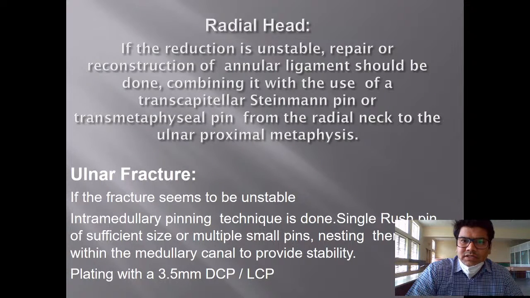If the reduction is unstable, reconstruction of the annular ligament should be done. It can be done by means of fascia lata; fascia lata can be taken to reconstruct the annular ligament.